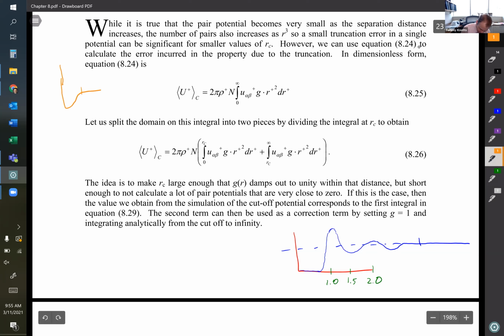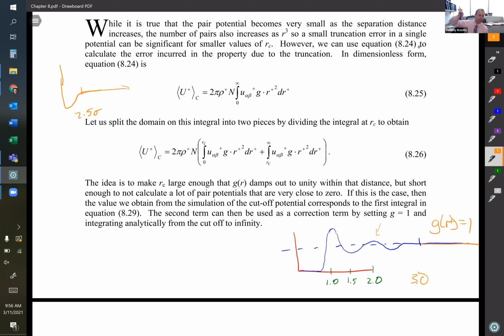So if I'm cutting off at 2.5 sigma, then my radial distribution function is going to go to 1 at about 2.5 sigma, because particles don't feel each other after that. Or it might be 3 sigma or something like that. But the point is, at some point after my cutoff, I'm assuming the interaction is 0. I'm going to assume, say at 2.5 or 3 sigma, let's do 3, that my g(r) is equal to 1.